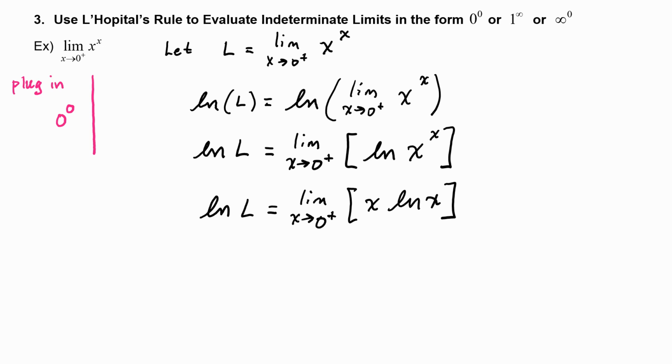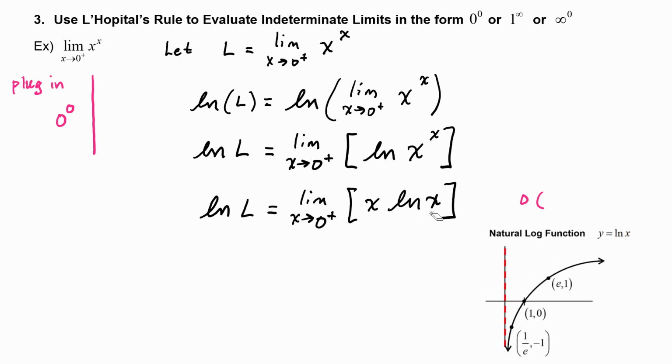Now let's check the form we have. If we plug in, we would get 0 times the log of 0. Think of the graph of natural log. As x approaches 0 from the right, the graph is going to negative infinity because there's that vertical asymptote there.